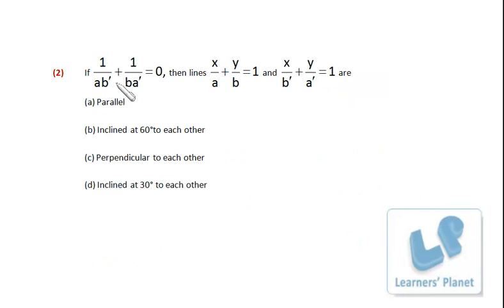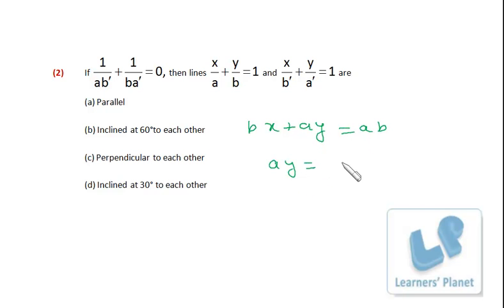Now, if 1 upon AB dash plus 1 upon BA dash is equal to 0, then what are the lines x by a plus y by b equal to 1 and x by b dash plus y by a dash equal to 1: parallel, or at some angle? So what we can do is find out the slope of both the lines. First of all, I take this line and do the cross multiplication: BX plus AY is equal to AB.